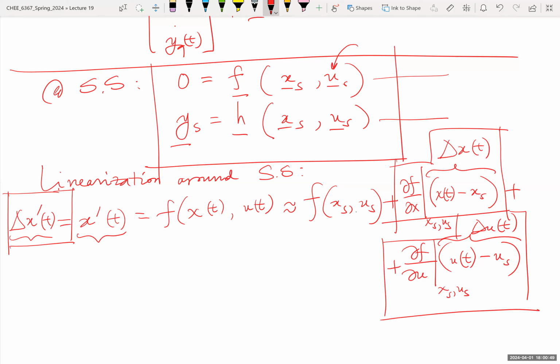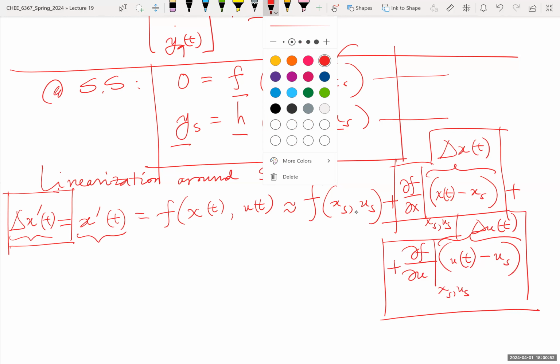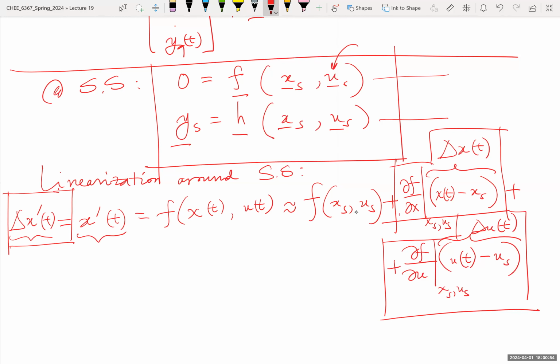And we typically call this matrix here A, this matrix B. So this can be written in a compact form: delta x prime of t is A delta x of t plus B delta u of t.